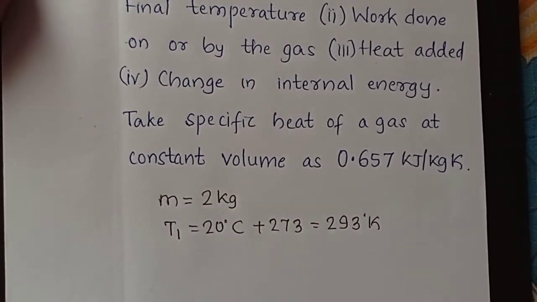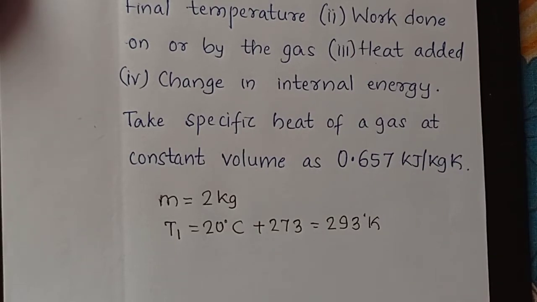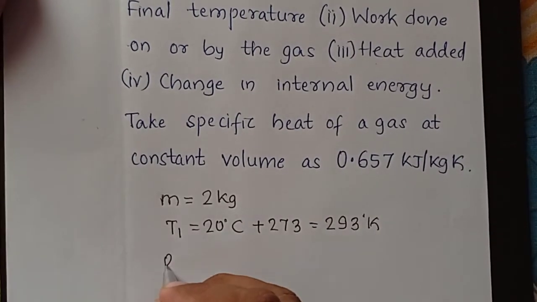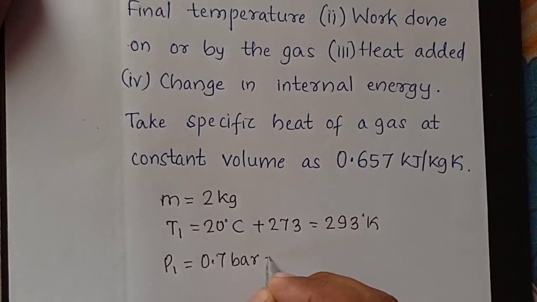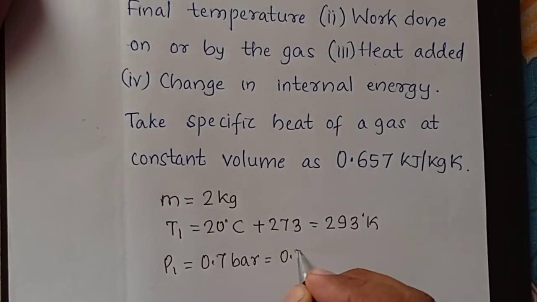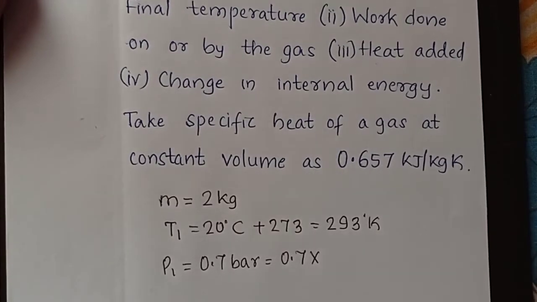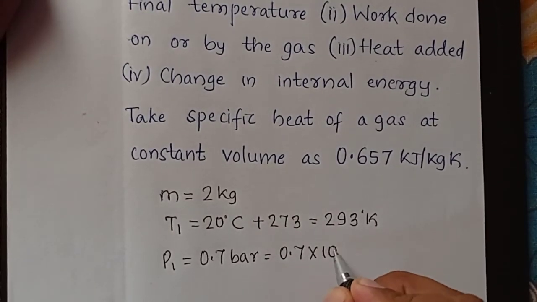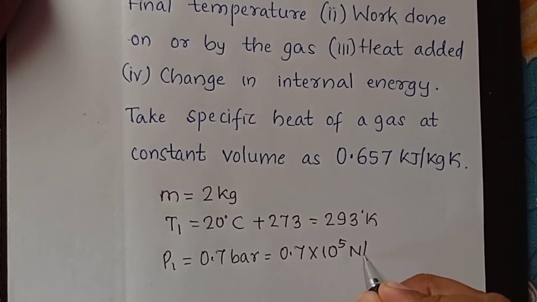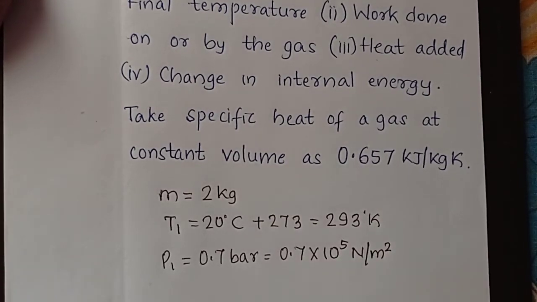Then pressure of 0.7 bar. So P1 is 0.7 bar. Convert that into Newton per meter square. 0.7 into 1 bar, which is 10 to the power 5 Newton per meter square. So 0.7 into 10 to the power 5 Newton per meter square is the pressure.